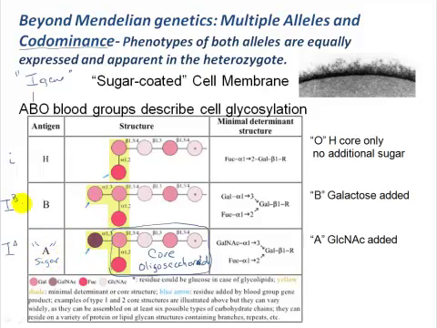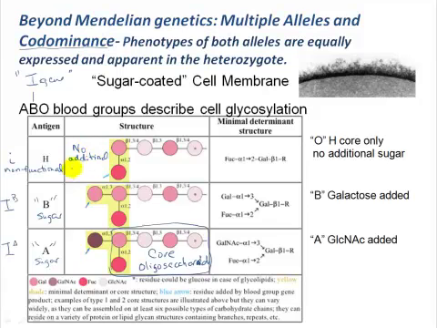The B allele adds on a galactose. So we would call this the B-type sugar pattern. The i allele encodes a non-functional enzyme that adds nothing, right? So no additional sugar gets added.